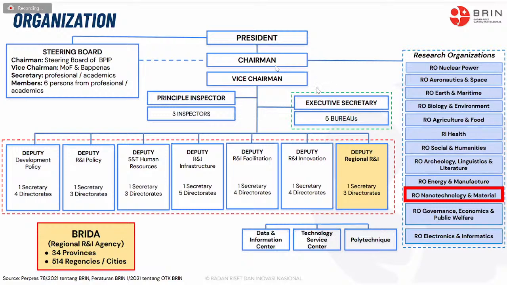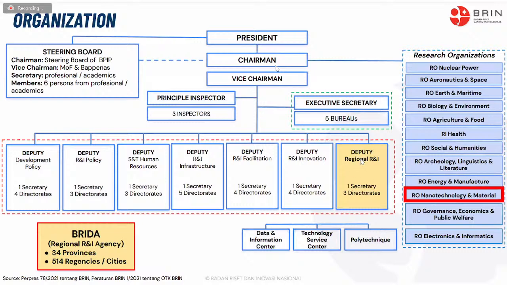As we know, there are 7 deputies here, and then we have 12 research organizations, and one of them is the Research Organization for Nanotechnology and Material.